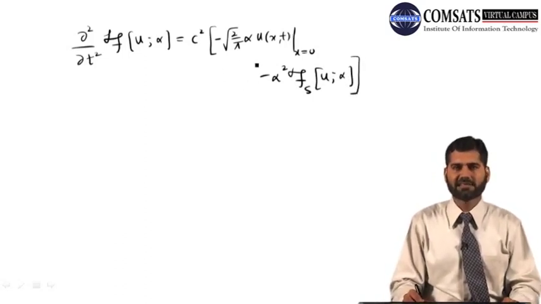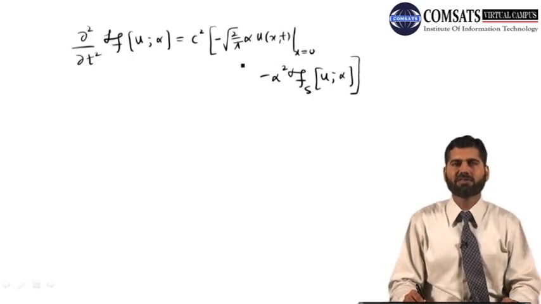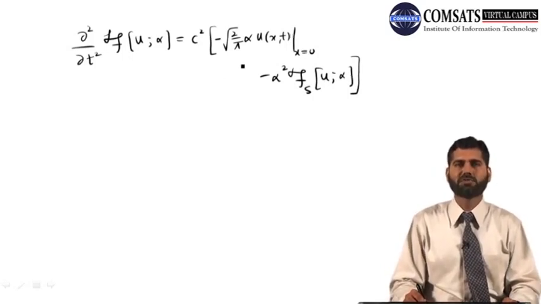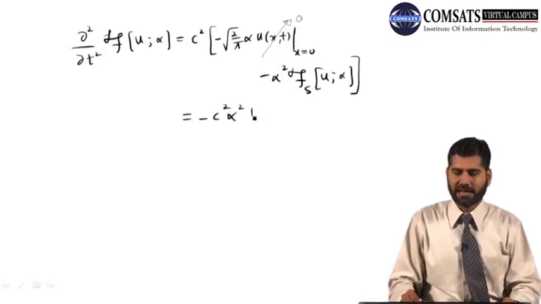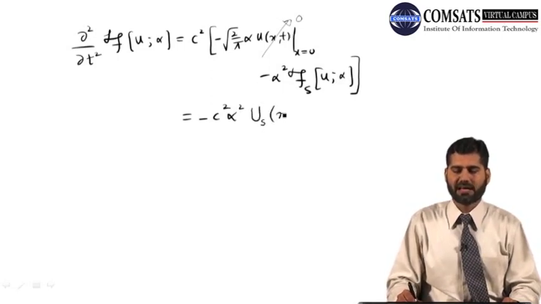Right, we proved it in the last lecture. Since the string is fixed at x is equal to 0, this will go to 0. So this drops out. So I'm left with minus c squared alpha squared. And let's say the Fourier sine transform of u is U_s(alpha, t).